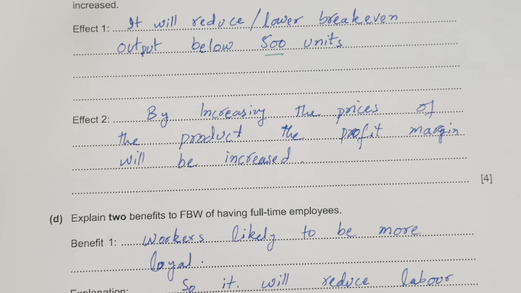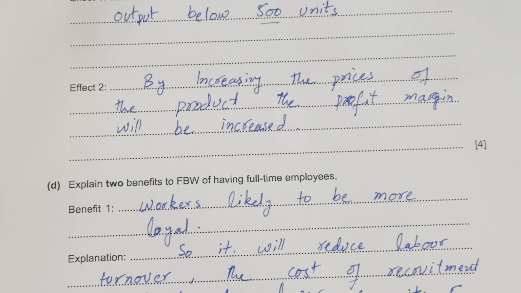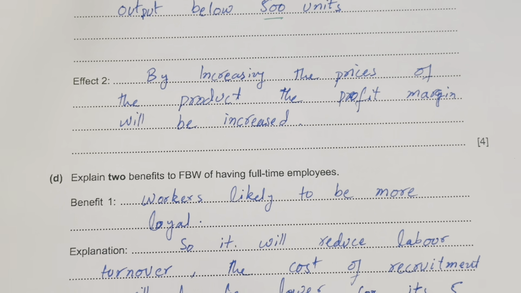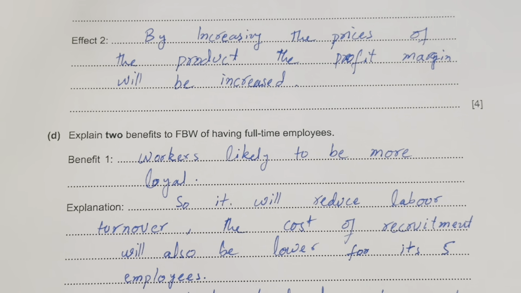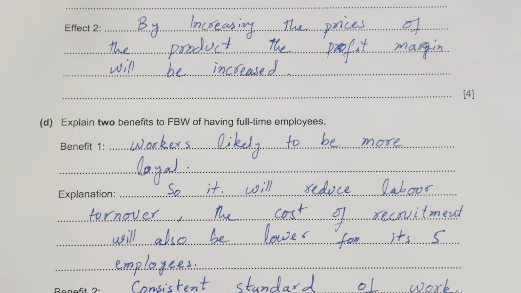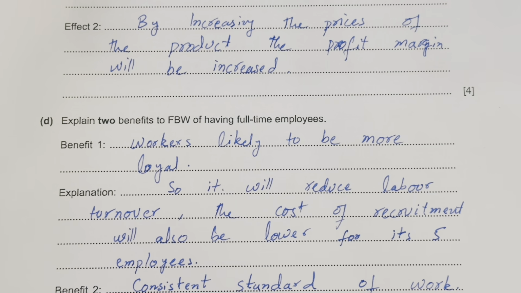Explain 2 benefits of FBW having full-time employees. There are 2 kinds of employees, part-time employees and full-time employees. We need to write here the 2 benefits of having full-time employees.